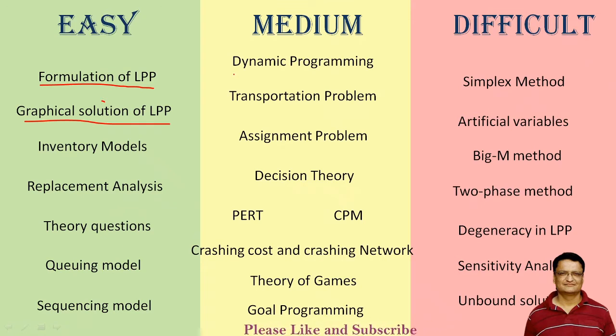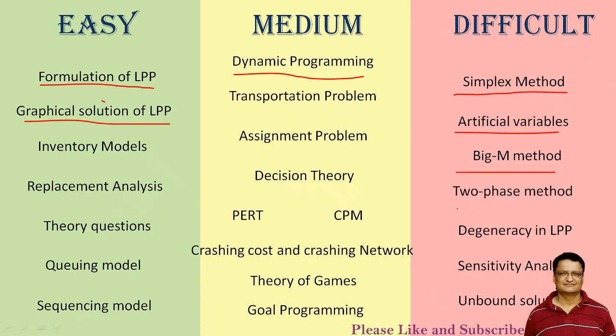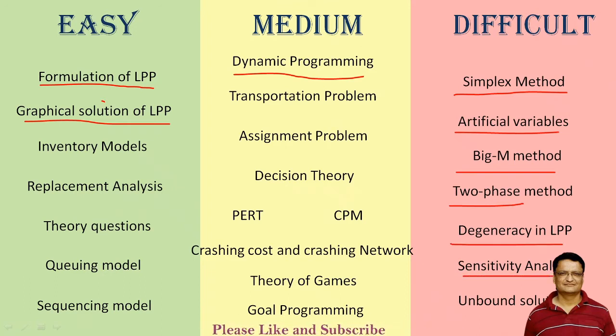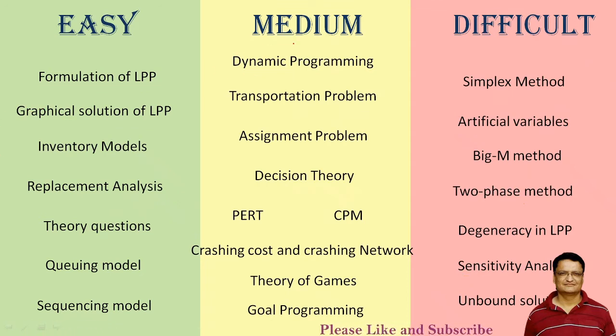Dynamic programming is often of medium difficulty level, and you have to put in a little more effort for the simplex method and the methods to solve LPP problems like the Big M method, two-phase method, or degeneracy in LPP, sensitivity analysis in LPP, and unbounded solutions. These are the only things which are a little difficult, but don't worry about that. You can concentrate more on the easy section and the medium section.